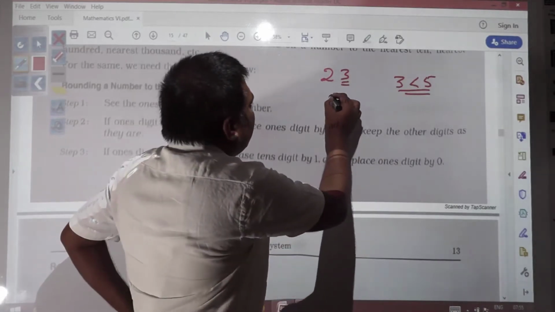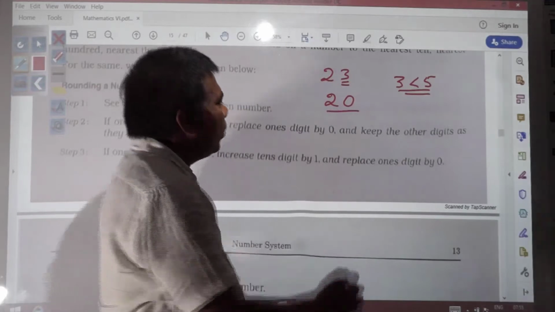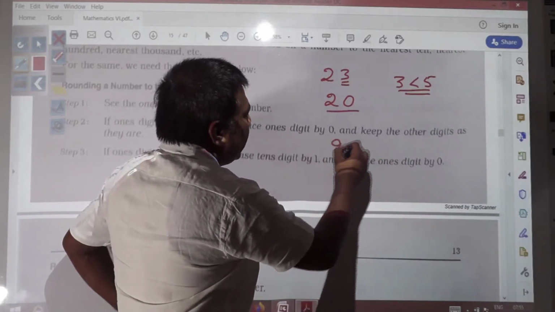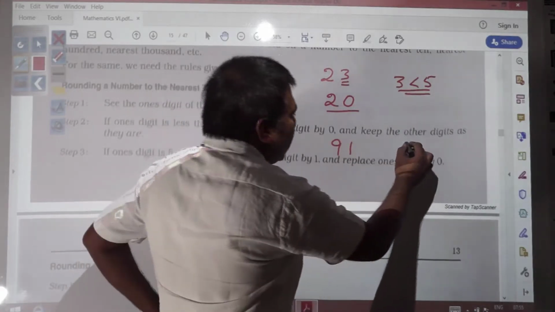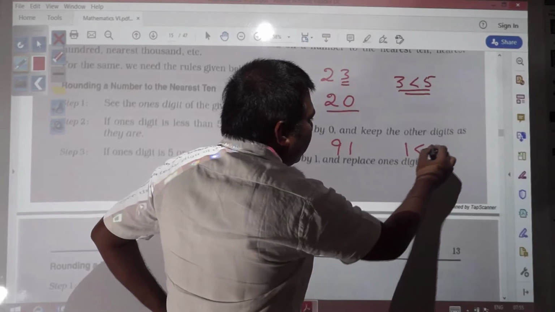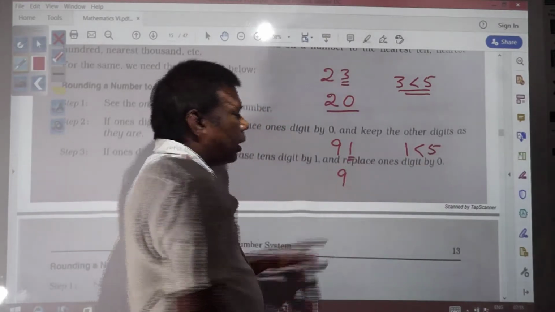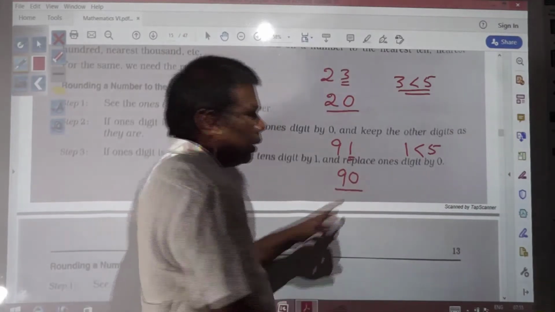So this will be 20. In the same way, take some other number. Suppose you have taken 91. Again the same thing: 1 is lesser than 5. So the ones digit is required to be replaced by 0. So this will be 90.